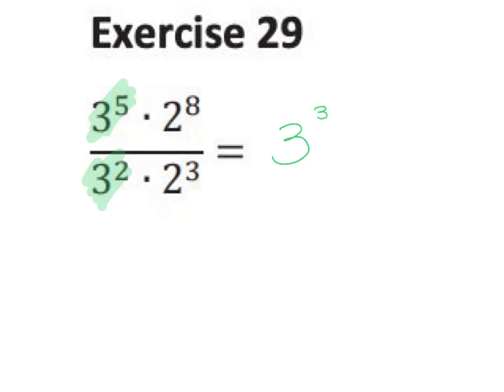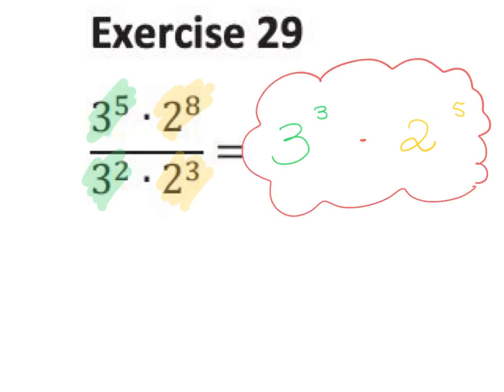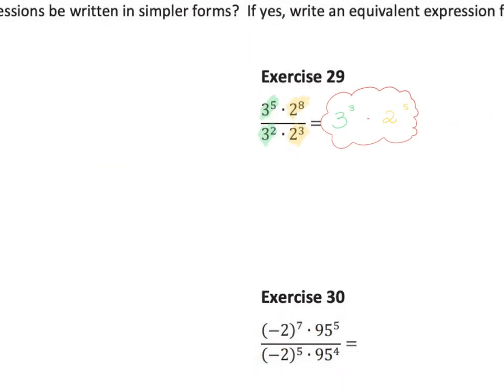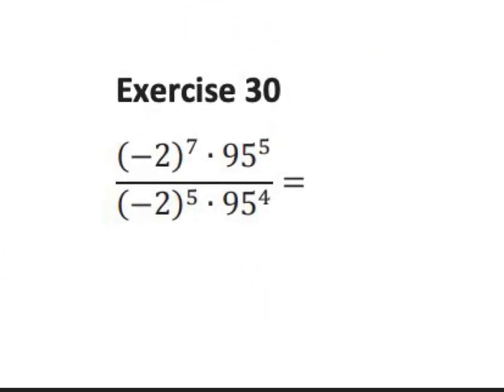Okay. 2 to the 8th over 2 to the third. This is the same as 2 to the 5th because we just subtract. And we are multiplying these both together. Okay. And that's as simple as we can make it because we cannot combine a 2 and a 3. Those are not the same base.